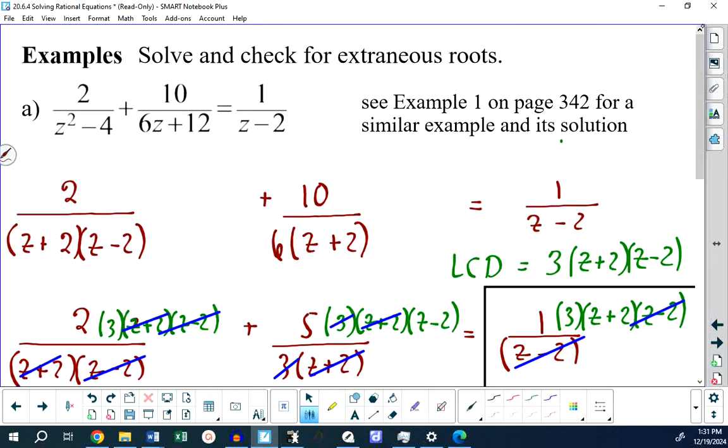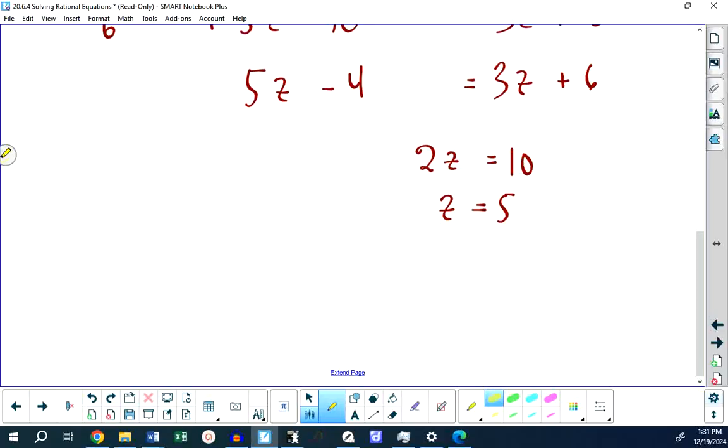When you look at all of the denominators, we have 2 non-permissible values of positive 2 and negative 2. All we need to do to verify our solution is ask ourselves: is z equals 5 permissible? The answer is yes, because it's not 2 or negative 2. That's it. You don't need to put it in and check.